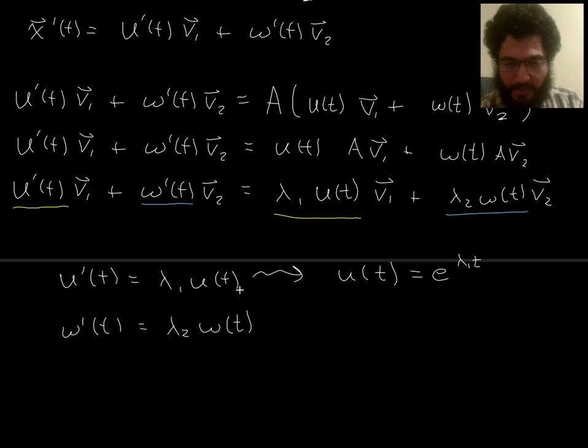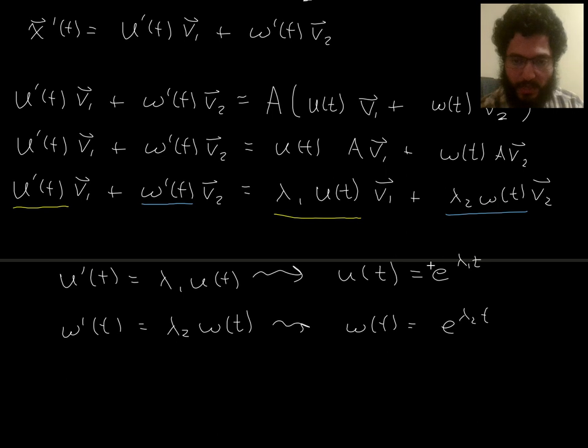You could do that by separation of variables, or you probably know off the top of your head by now that if you want a function whose derivative is lambda 1 times itself, then e to the lambda 1 t is the thing to use. And then the solution here is e to the lambda 2 t, or any scalar multiple. Actually, these scalars should be allowed to vary independently. So here's your two-parameter family of solutions.